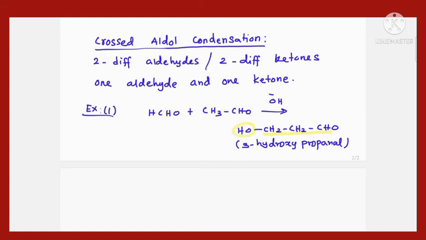So hydroxypropanol, where the OH group is located at carbon number 3, isn't it? So 3-hydroxypropanol. In this reaction, probably the acetaldehyde forms a carbanion. Then that reacts with formaldehyde, and after protonation, it may give 3-hydroxypropanol as a product.